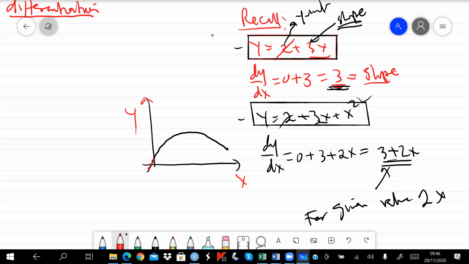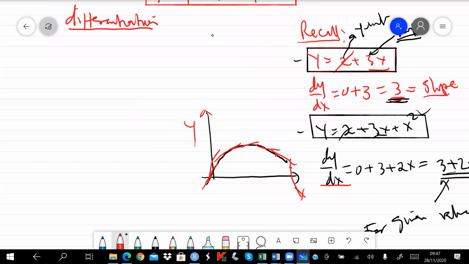So you'll be getting the slope for a given point, and the slope will just be the tangent to that curve at that point. Every point will have its own slope. For different values of x, the slope will be different, and that is what we are seeing here. Like that, we'll be getting tangents of that curve at different points.